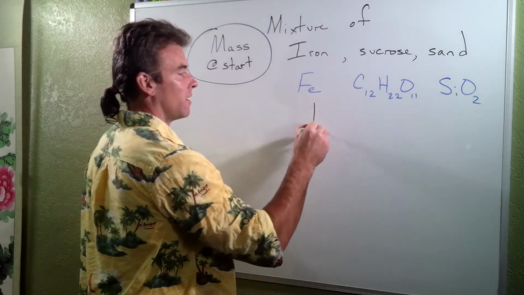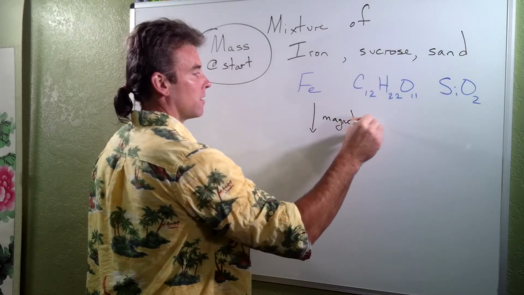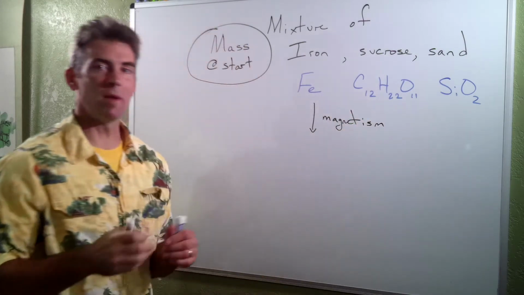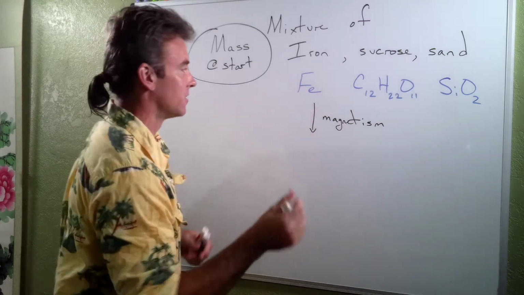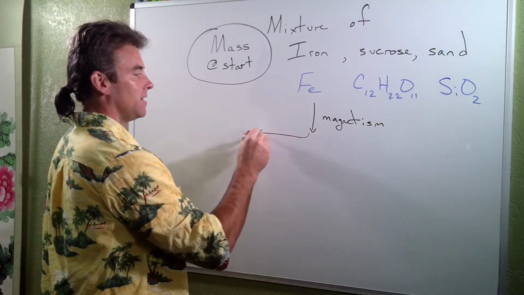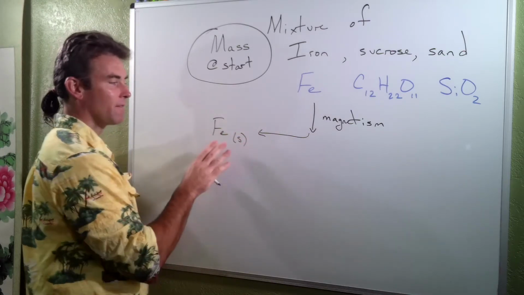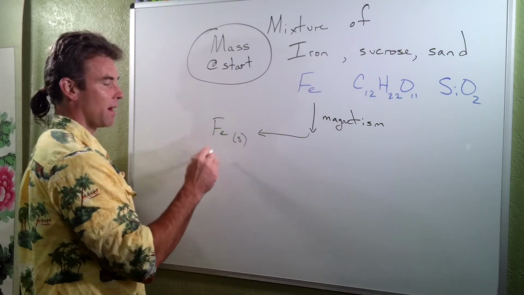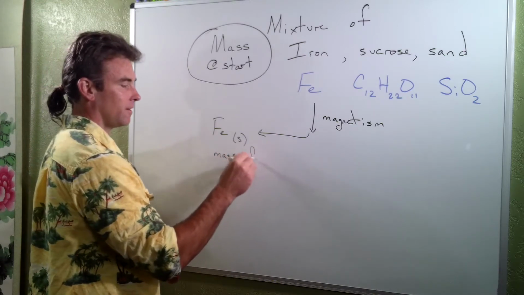And so through this physical method, utilizing magnetism, we're going to separate out the iron. So good news. That means that over here in a container somewhere, I've got this iron solid, and I'm going to take its mass. Mass of iron.